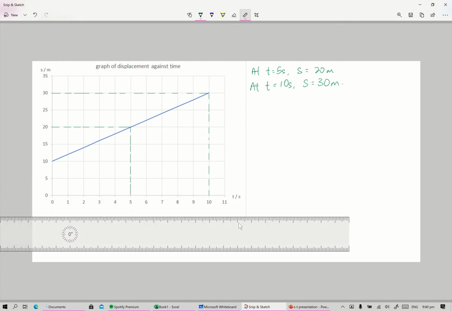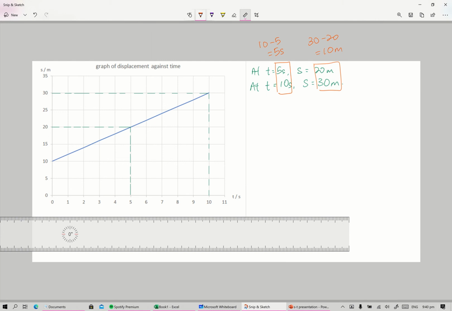So when you look at this change in time, when the time increases by 5 seconds, the displacement increases by 10 meters.